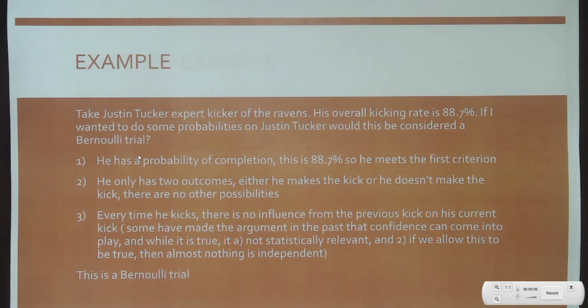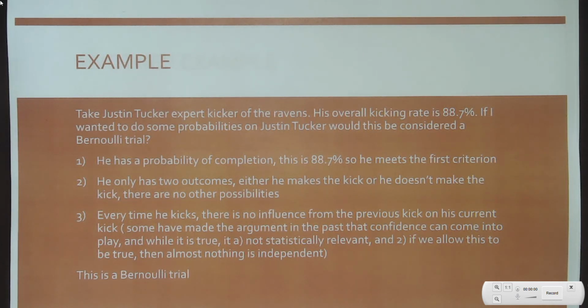If I wanted to do some probabilities on Justin Tucker, would this be considered a Bernoulli trial? Yes, it would, because he has a probability of completion. This is 88.7%. He meets the first criterion. He only has two outcomes. He can either make the kick or he doesn't make the kick, so there's no other possibilities. And every time he kicks, there's no influence of the previous kick on the current kick.